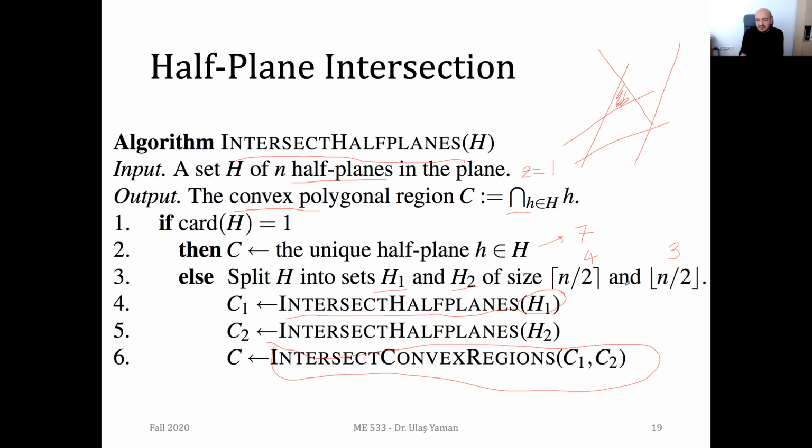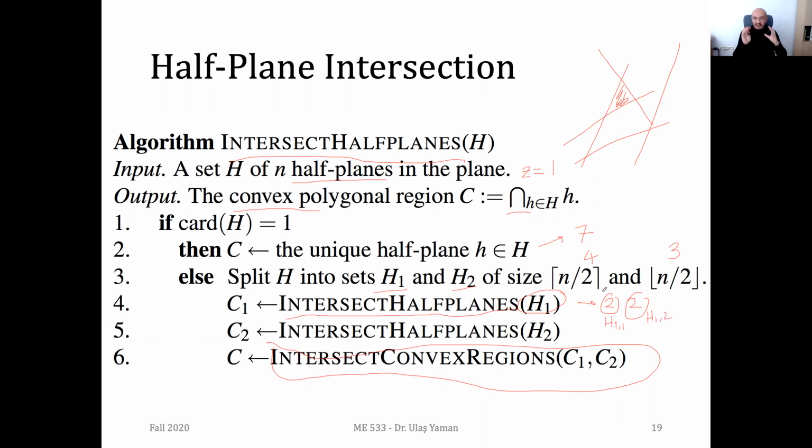So this one is 4. If you run the same algorithm again inside this part, our constraints will be divided once again into 2 parts. Let's name them H11 and H12.